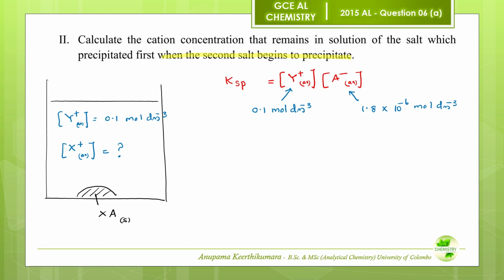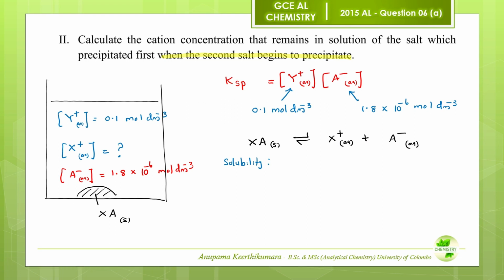Therefore, at this time, A minus ion concentration is 1.8 times 10 to the negative 6th moles per cubic decimeter, and we need to calculate the concentration of X plus ions. We can get the answer using the Ksp expression of XA.